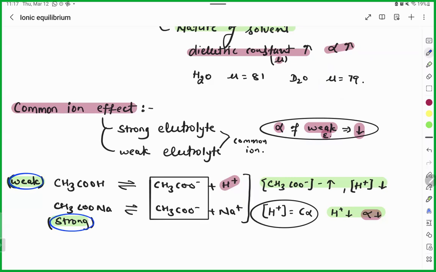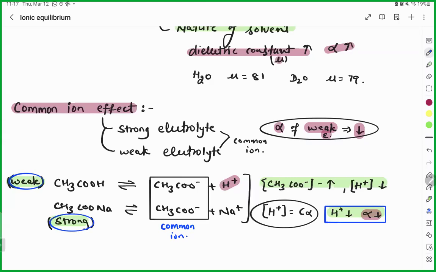So CH3COO negative is the common ion between them. If this is the common ion, its concentration will increase. If CH3COO negative concentration increases, then the other concentration will decrease, H positive ion concentration decreases, and H positive and alpha have a direct relationship. If H positive decreases, alpha will decrease.